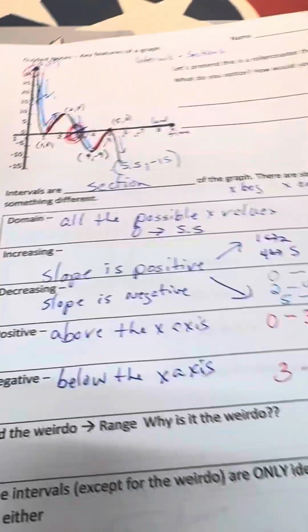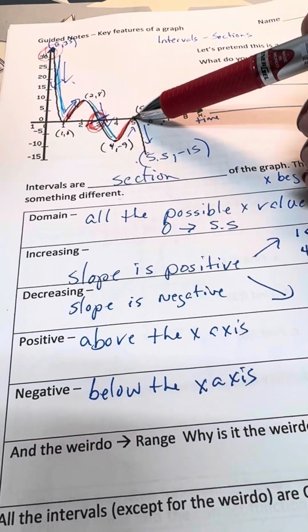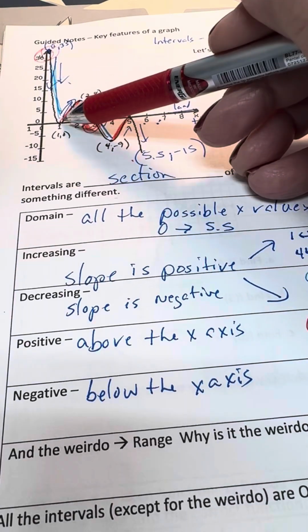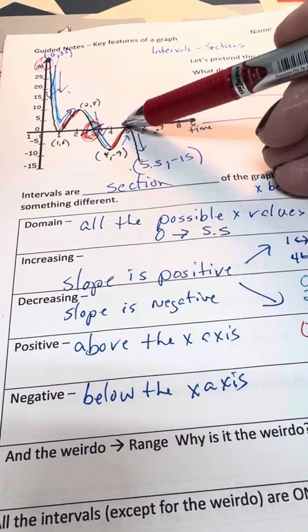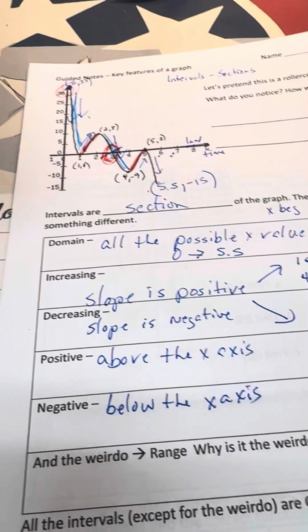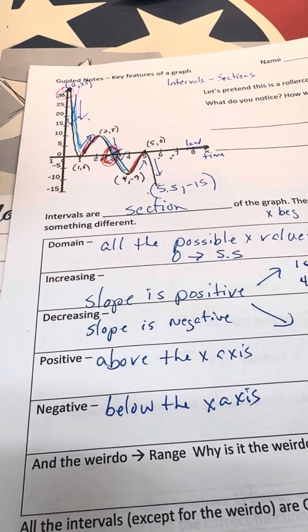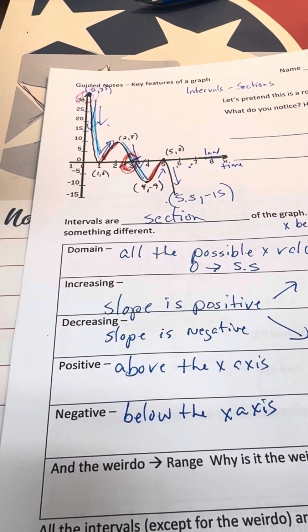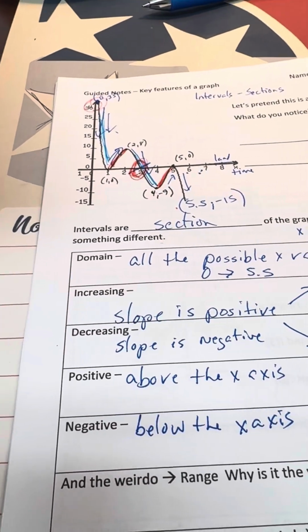Now I am generalizing. I realize that there's a couple places here where it's not actually negative, so it's 0 at these points, but in general, if it's above, that is your positive. It's below, it is negative.